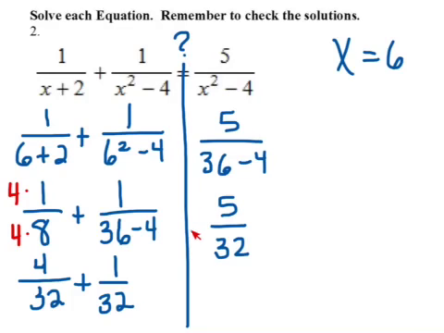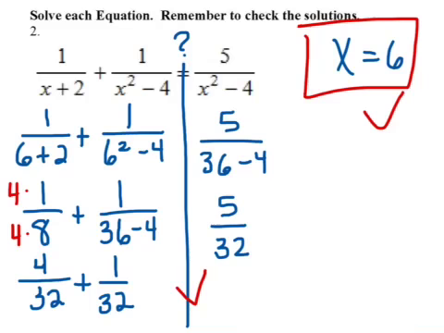This is equivalent to the right side of the equation, which simplifies to 5 over 32. Since our result makes a true statement, we can verify that x is equal to 6.